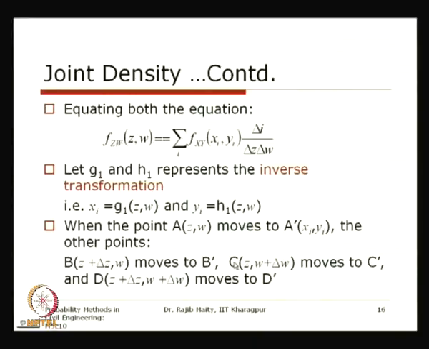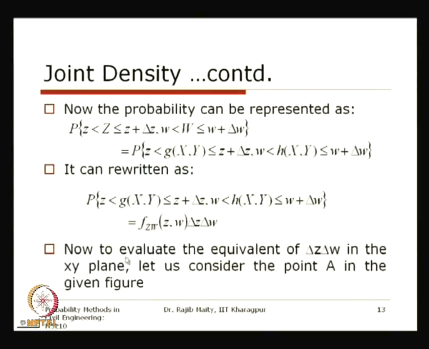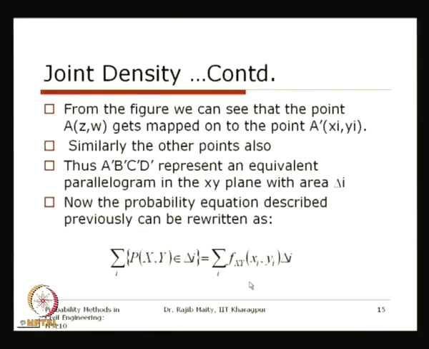Now if we equate the equation that we got from here and the equation that we have represented here, both refer to the same probability, one expressed in the ZW plane, the other on the XY plane. So you can equate these two, as the probability we are looking for is the same.